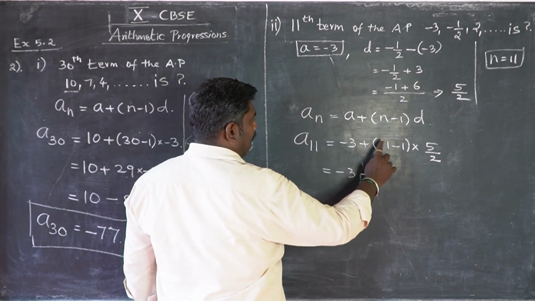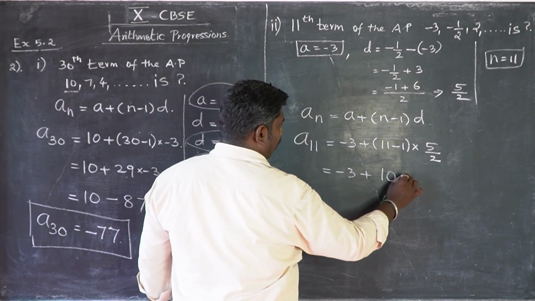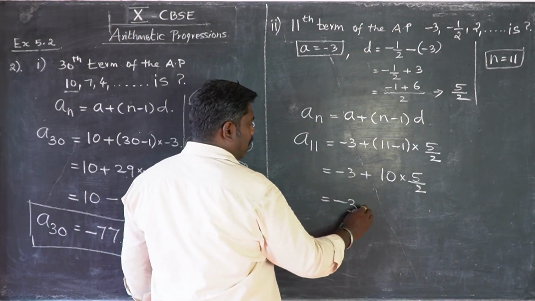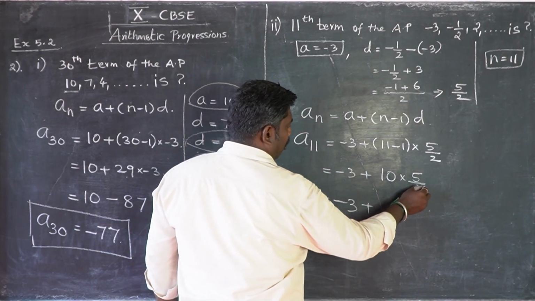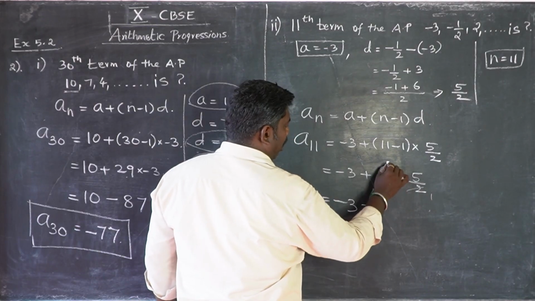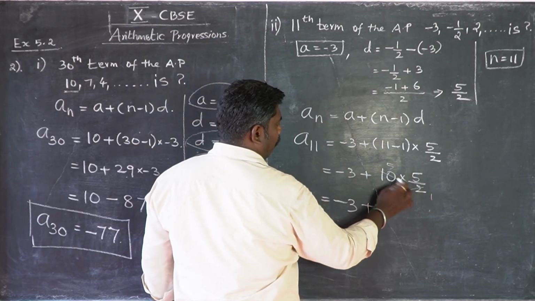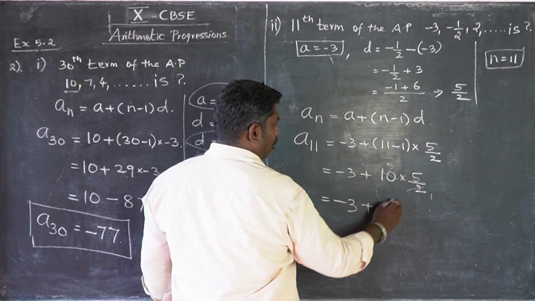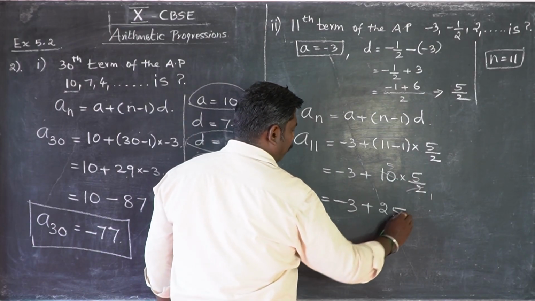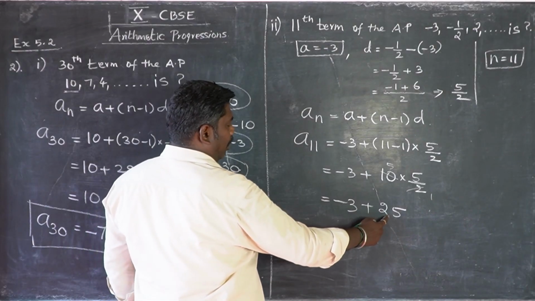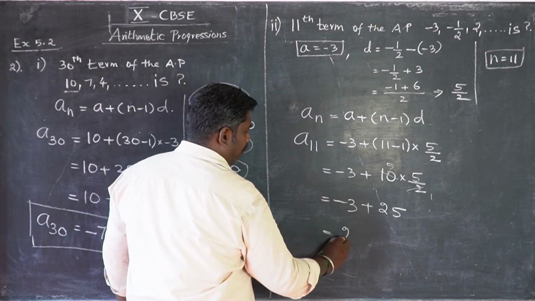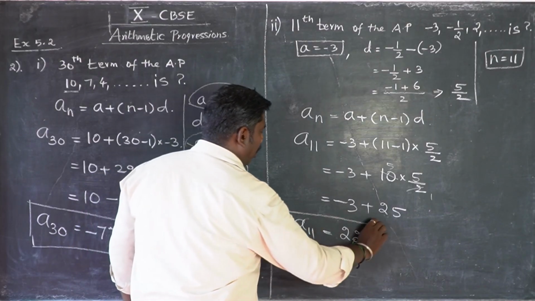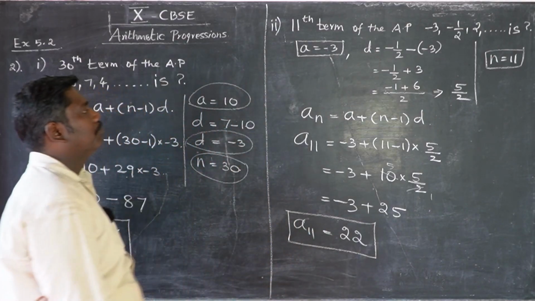Minus 3, 11 minus 1, 10 into 5 by 2. So here 1 times 2, 5 times 10. 5 2s are 10. So remaining 5 into 5. 5 into 5 becomes 25. So 25 minus 3 becomes 22. So the 11th term of the AP is 22.